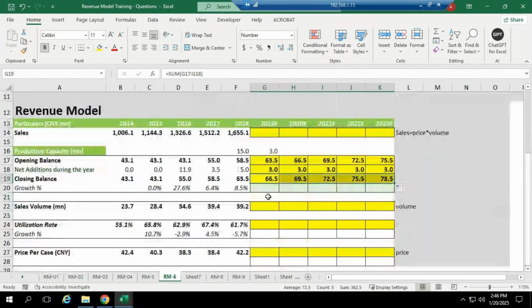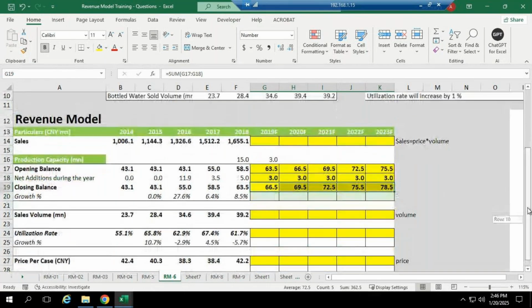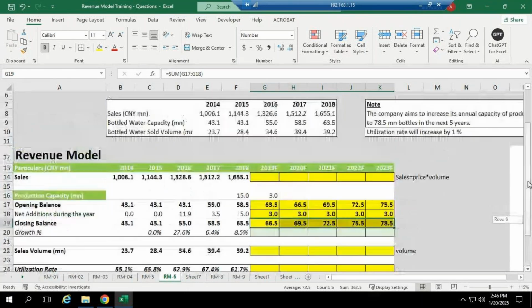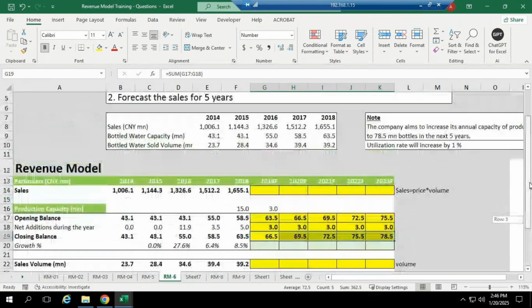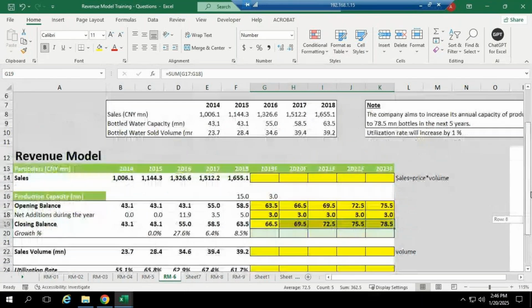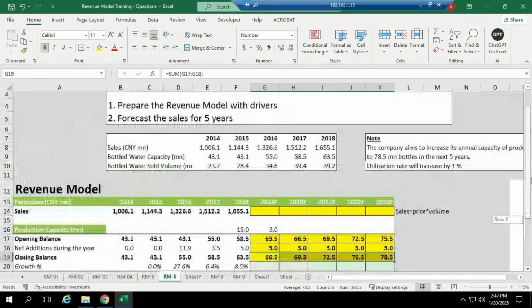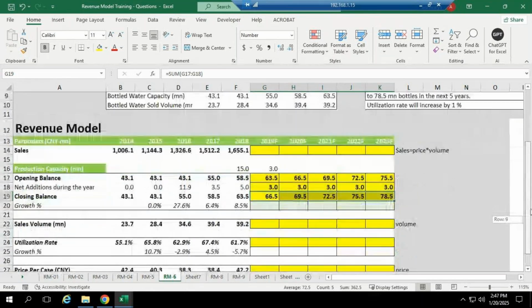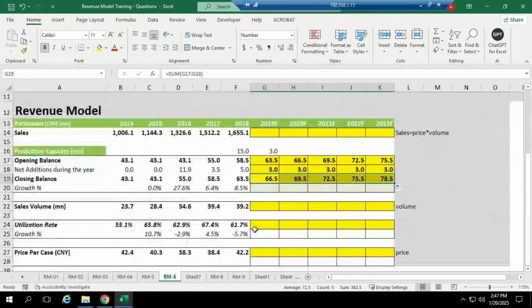So now the percentage growth you have to do. Utilization rate will increase by 1%. They have given that one. So what is the sales volume?